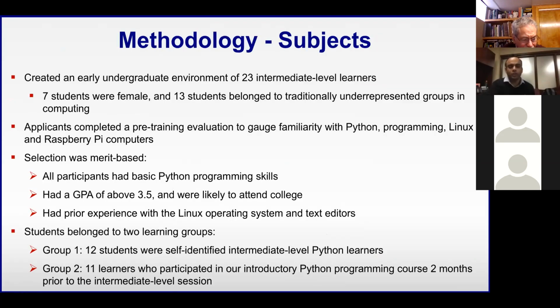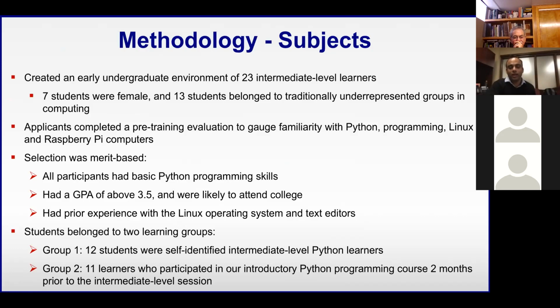For our methodology, we had a set of 23 intermediate level learners, 7 students were female, 13 belonged to traditionally underrepresented groups in computing. All our applicants completed a pre-training evaluation that gauged their familiarity with Python, programming, Linux, and Raspberry Pi computers. The selection to this program was merit-based.